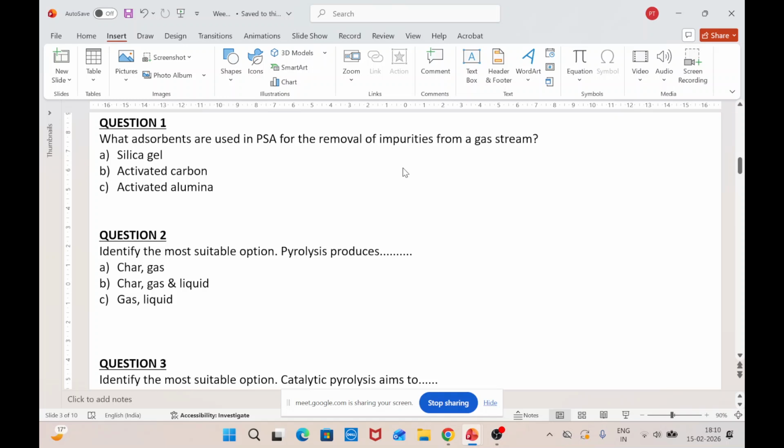Typically the adsorption process usually happens at the surface of the material. So which one of the following adsorbents is used in PSA for the removal of impurities? Is it silica gel, activated carbon, or activated alumina?